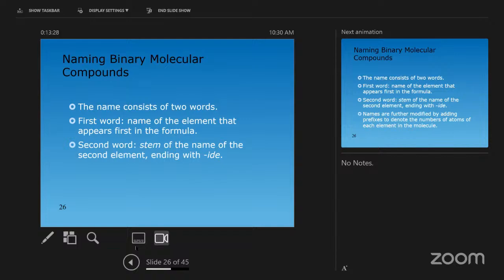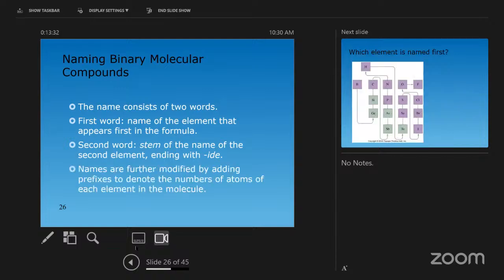Another thing to take into account when naming molecular compounds is that we use prefixes which indicate the number of atoms of each element present. So prefixes, and then 1, 2, 3, and so on.